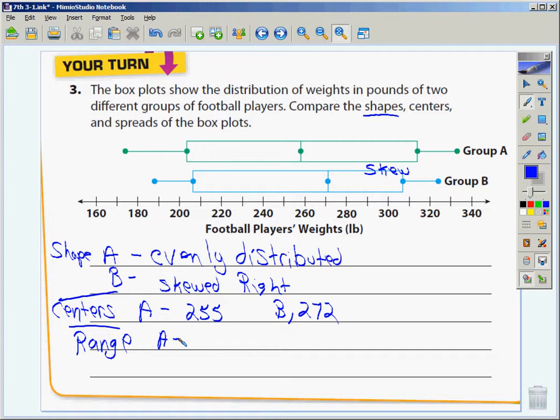What's the range of it? And how would I find it? Subtract the highest and the lowest. What's the highest? 325. And what's the lowest?